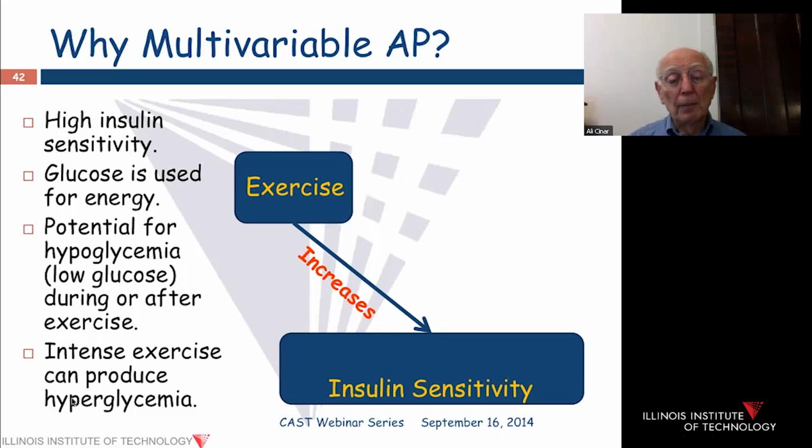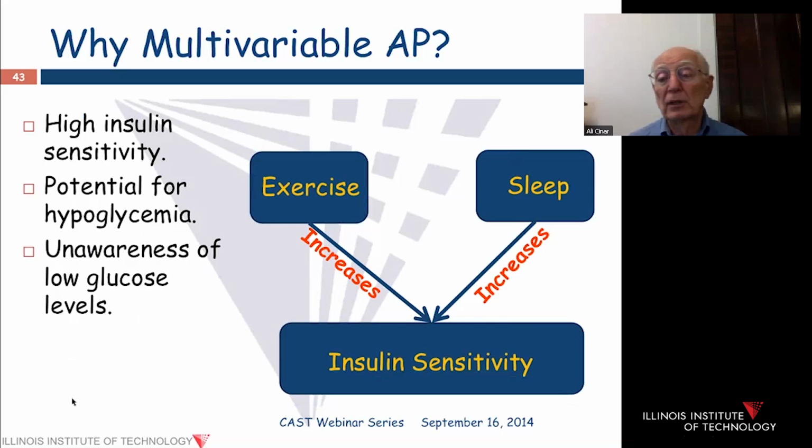And when that happens and the patient gives additional insulin to get rid of the hyper, it may also set himself or herself up for a hypoglycemia episode down the road. Another factor is sleep.